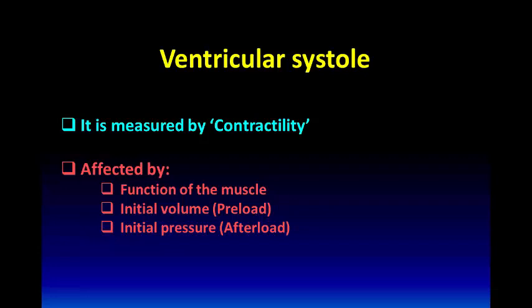It is also affected by the initial pressure, the pressure which the left ventricle faces when it begins to contract, and this is known as the afterload, because when the left ventricle begins to contract, it faces the resistance in the aorta and in the systemic arteries, and it has to develop a pressure which exceeds the aortic pressure in order to open the aortic valve.